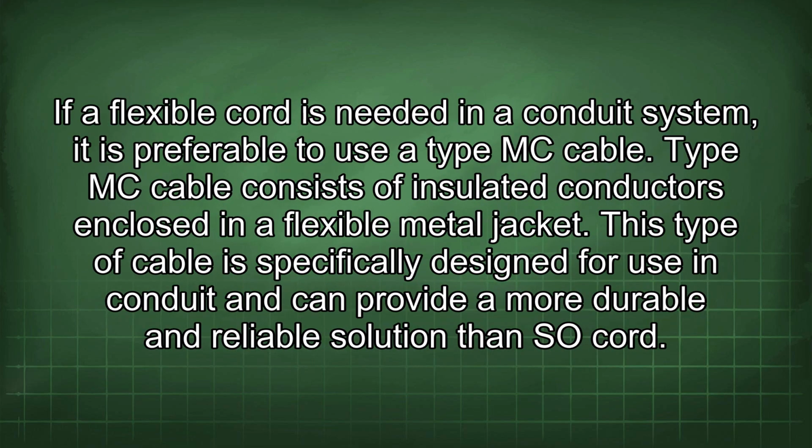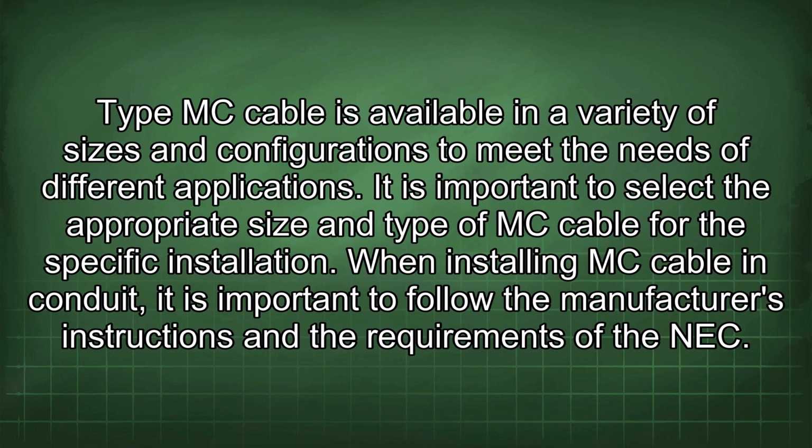If a flexible cord is needed in a conduit system, it is preferable to use a Type MC cable. Type MC cable consists of insulated conductors enclosed in a flexible metal jacket. This type of cable is specifically designed for use in conduit and can provide a more durable and reliable solution than so-called. Type MC cable is available in a variety of sizes and configurations to meet the needs of different applications.